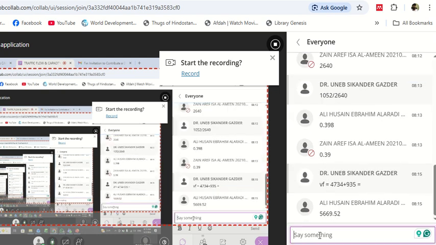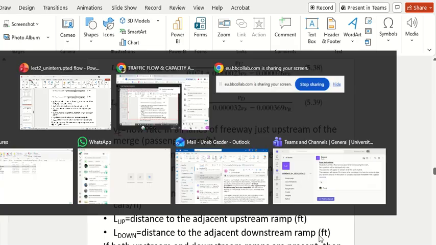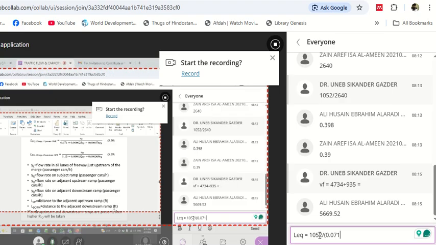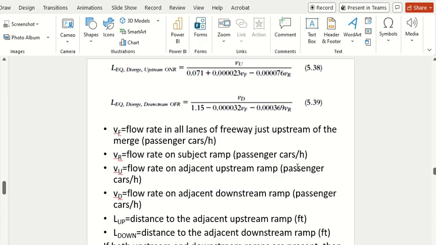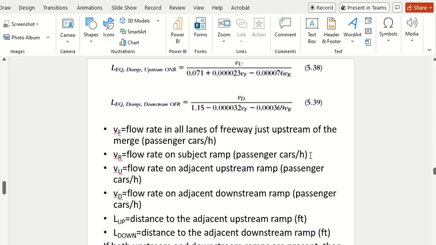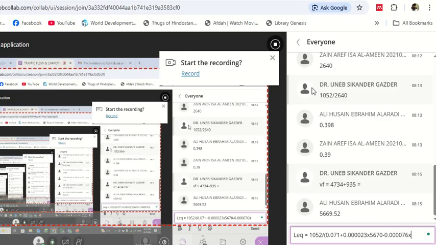So LEQ will be 1052.071 plus 0.5670 minus 0.0076 into the ramp, which is 935.